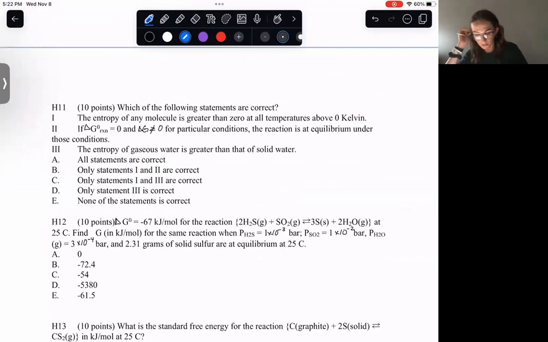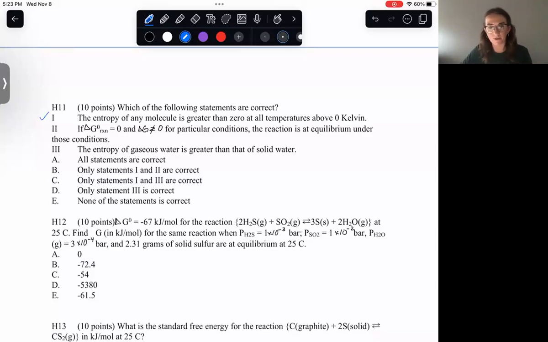Question 11. Which of the following statements are correct? For statement 1, the entropy of any molecule is greater than 0 at all temperatures above 0 Kelvin. Yep, this is true. At 0 Kelvin, you have no molecular motion.